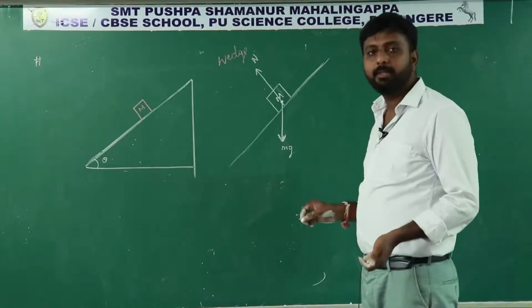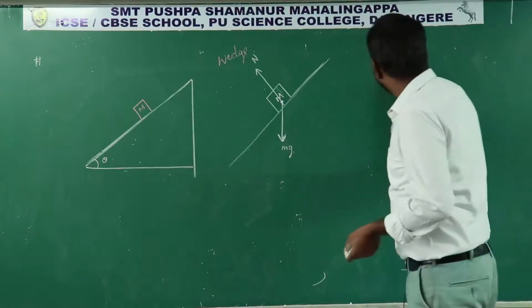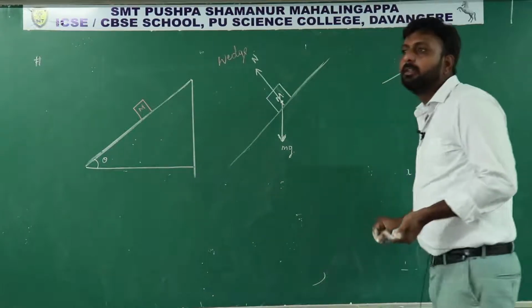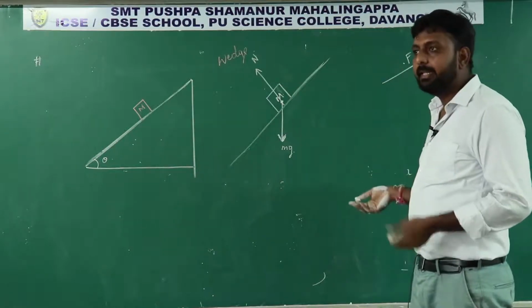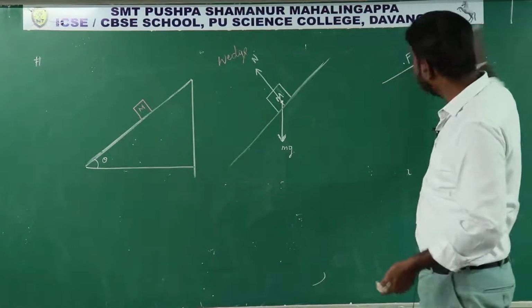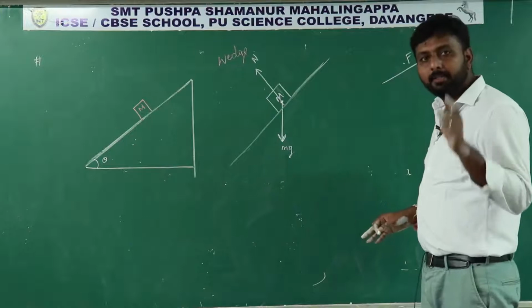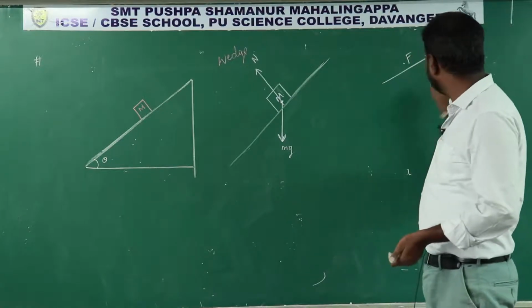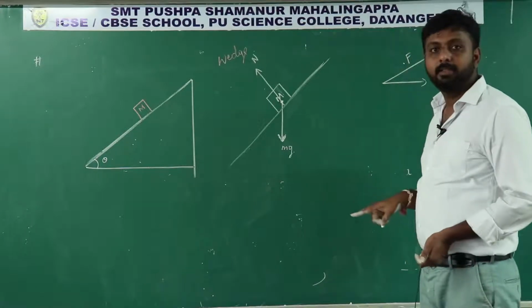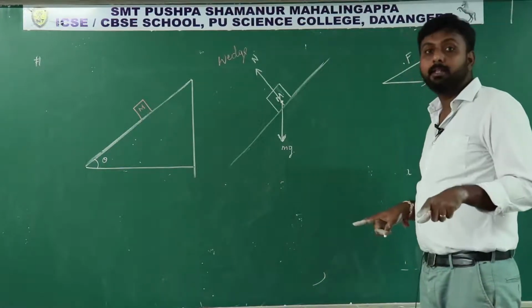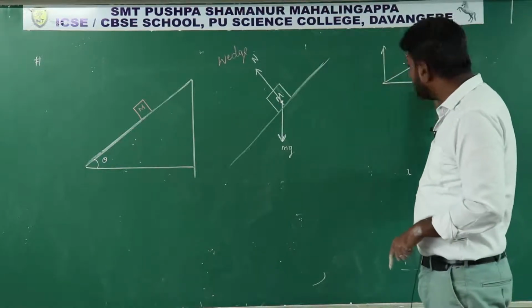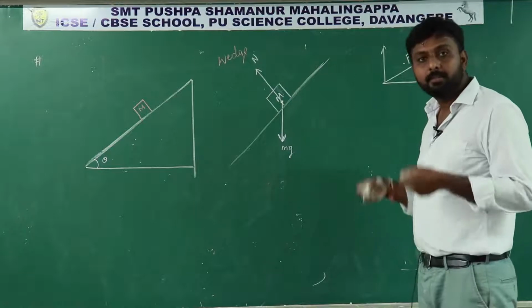How to resolve: if this is the force vector, we can find its effect in any other two directions. Suppose it is acting in this direction, and I want to see its effect in this direction. In that direction we consider one of its components. Then the other direction should be perpendicular to the first direction. This is the rule, this is the method.